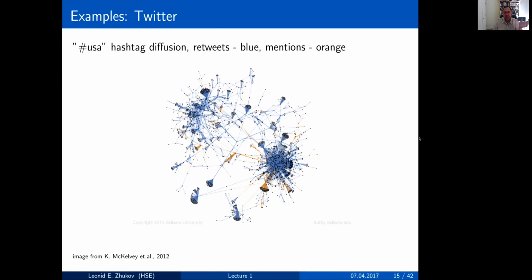This is an example of Twitter and how information spreads on Twitter. This is what's called hashtag diffusion, and we see how people retweet things or mention things. If you use Twitter, there are two ways to share and spread information. You notice that usually one person has a lot of listeners and just sends it to a lot of people.